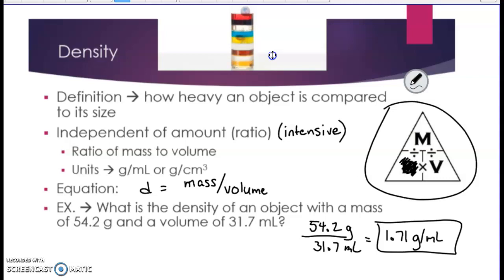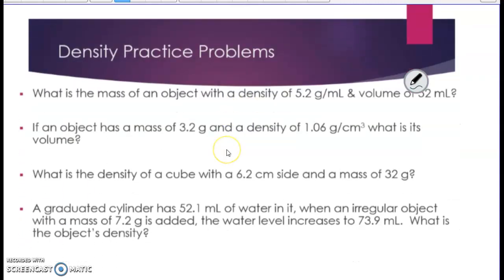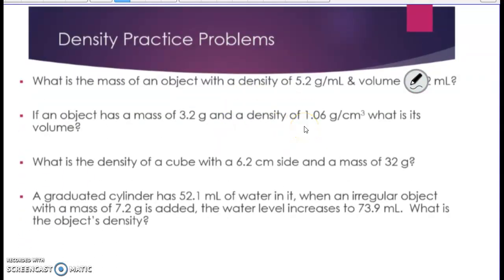On the next slide, you'll have the opportunity to try some of these. Let's rewrite our triangle just so it's available to us. Mass is on top, then it's D and V. What I would like you to do is try some of these practice problems.